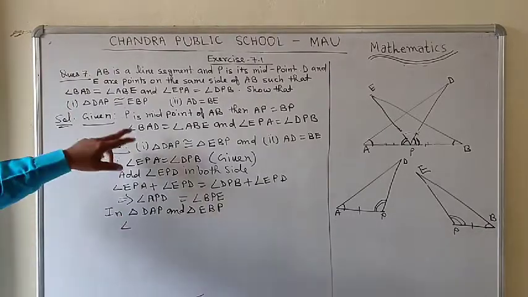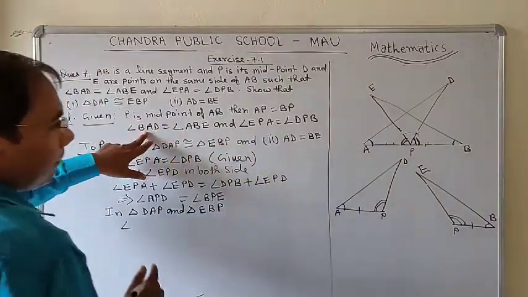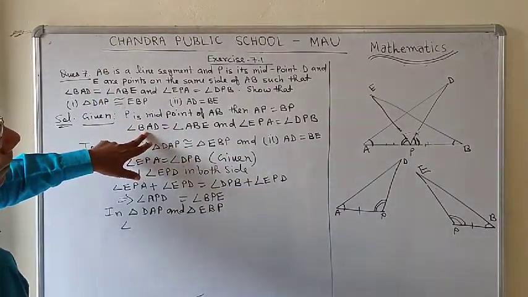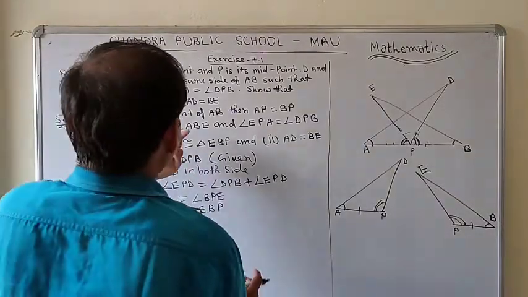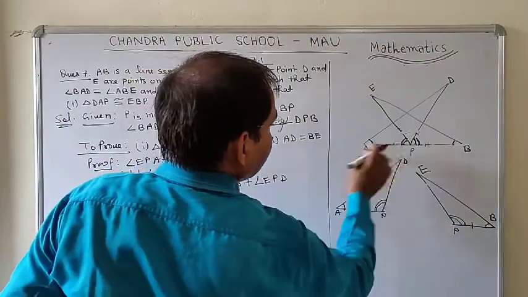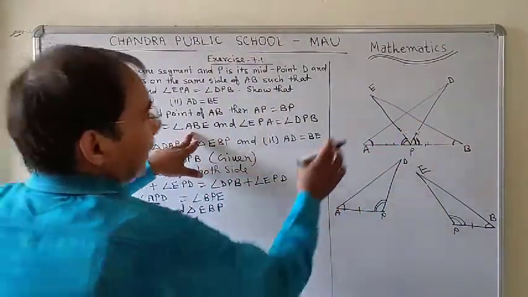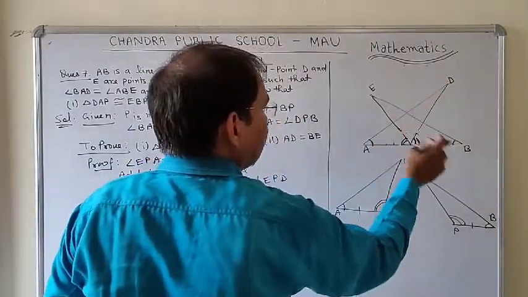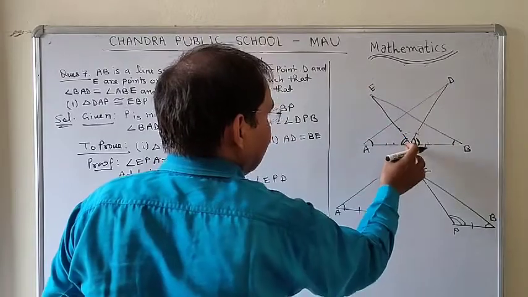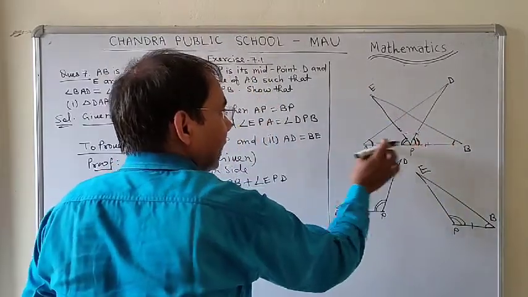It is given that angle BAD equals angle ABE. Students, angle BAD is the same as angle PAD. If I give the angle the name BAD, that is the same as angle PAD.